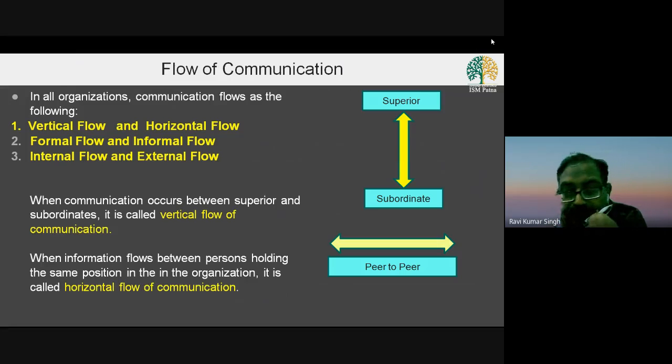The important thing is that it is not a boss and subordinate kind of communication. It is communication between parallels.